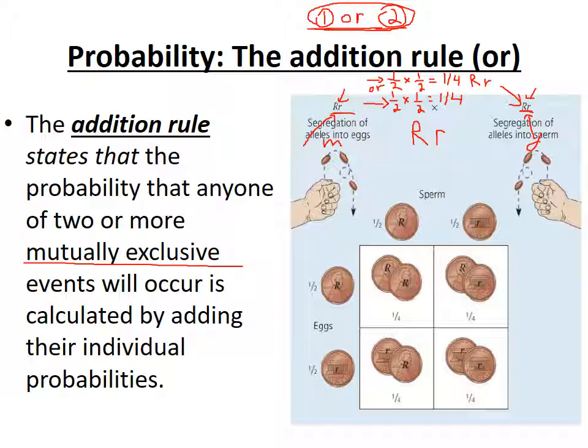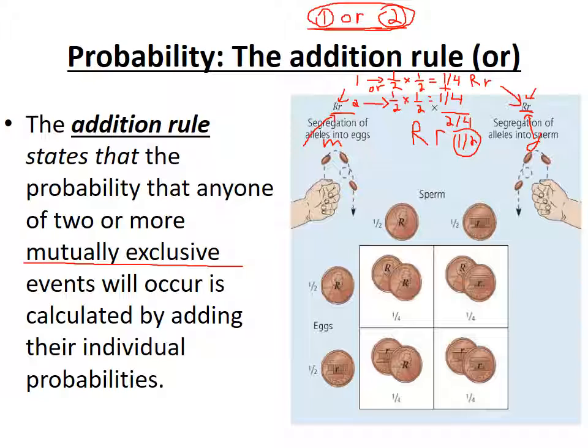So we take our chances from the first situation, mom giving us big R and dad giving us little r, and our chances from the second situation, and we add them together, and what you get is 2/4, which is 1/2, 50% chance.